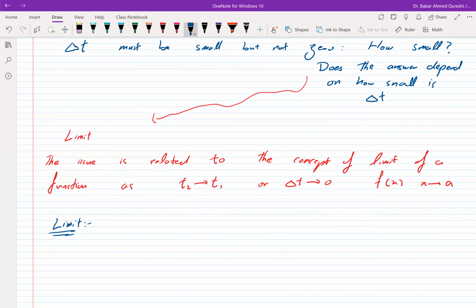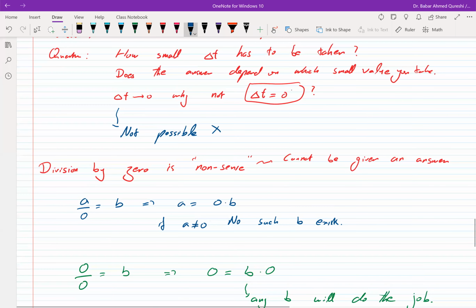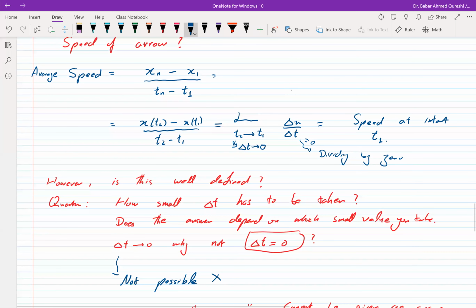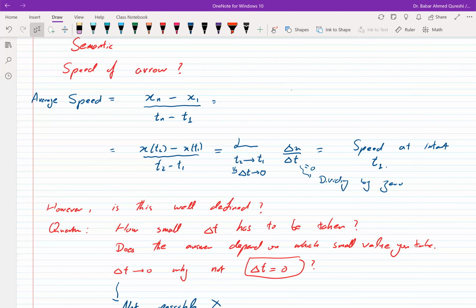What you do over here, let's think in terms of what we have been doing. So I take a small delta t. I find that the arrow has covered a particular delta x. I make this ratio. I get an average speed.